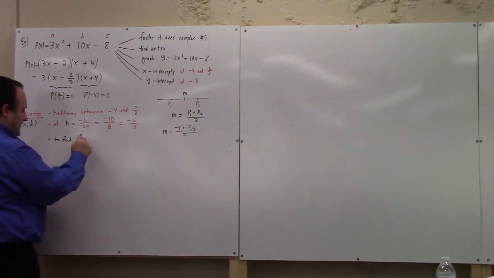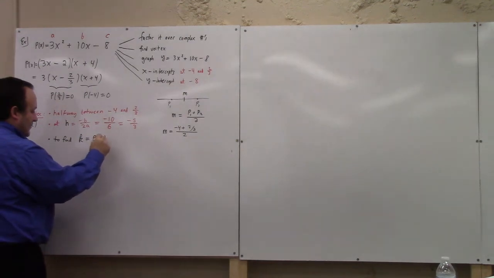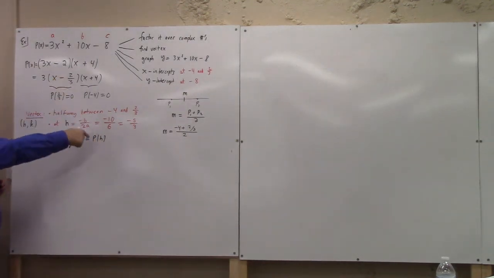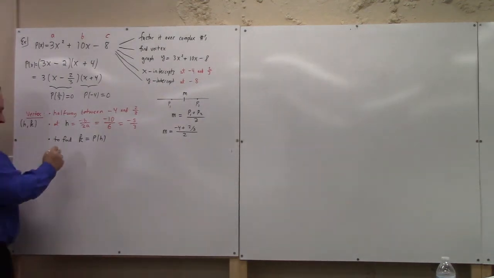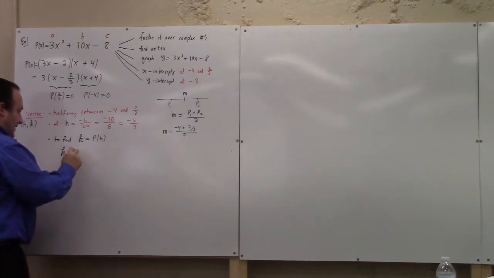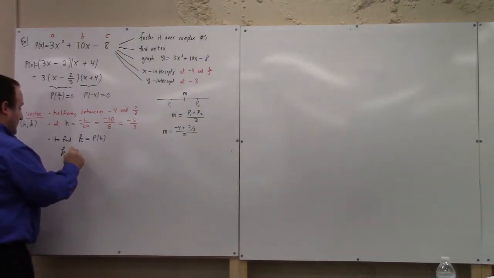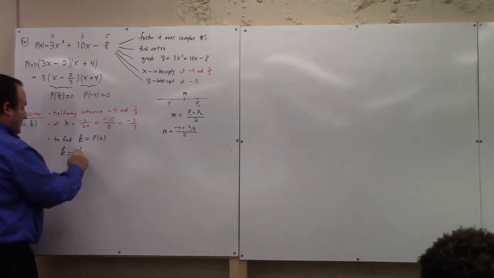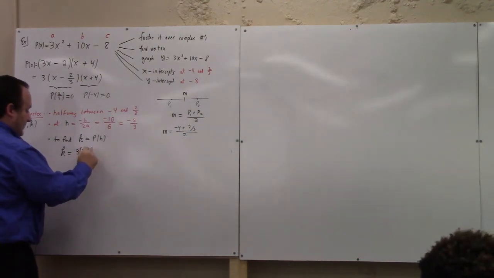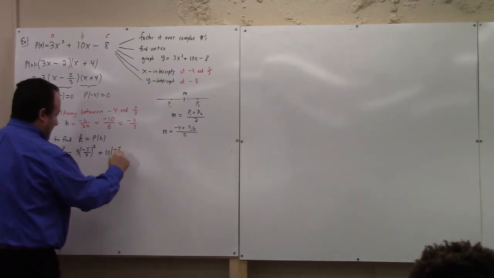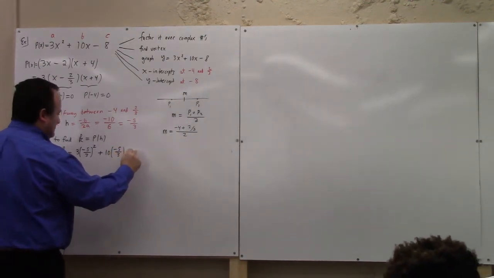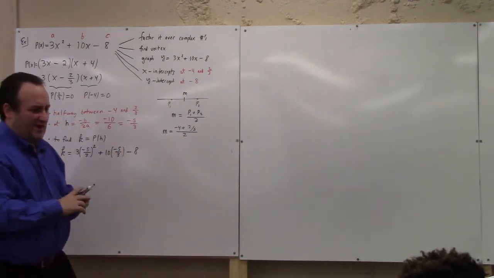Well, k is equal to p of h here, because we're dealing with this polynomial. All we have to do is plug h into the formula, and that will give us the y. So in this case, that is 3 times minus 5/3 squared, right? Plus 10 times minus 5/3, minus 8.